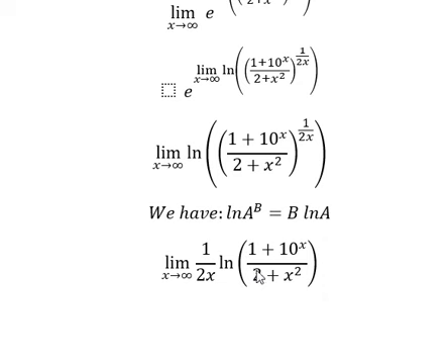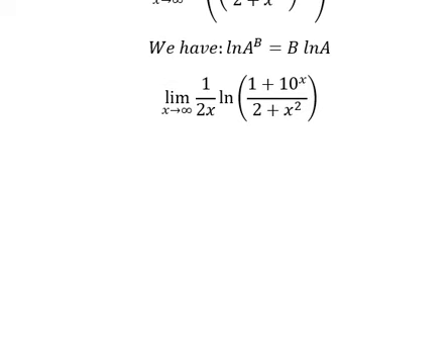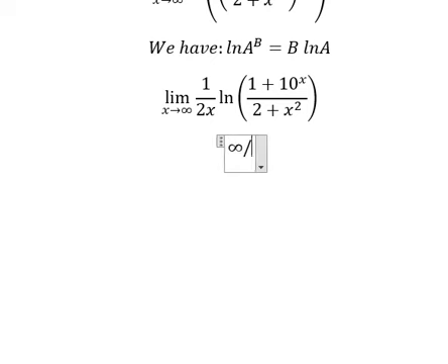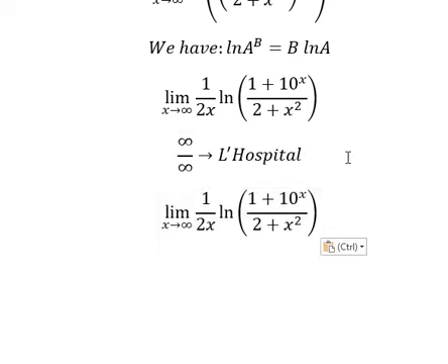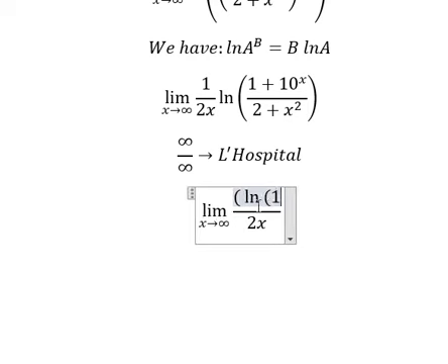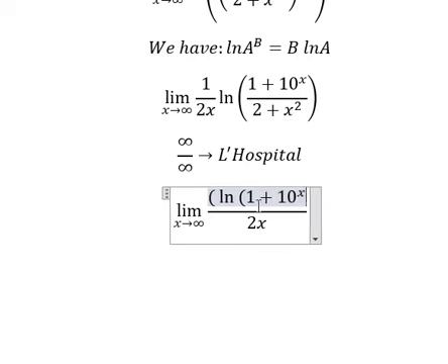Now the next one, when s approaches positive infinity, this one is bigger than this one. So we have positive infinity. This one goes to positive infinity. So we have positive infinity over positive infinity, so we can use L'Hospital. That means we do the first derivative on the numerator and the denominator.